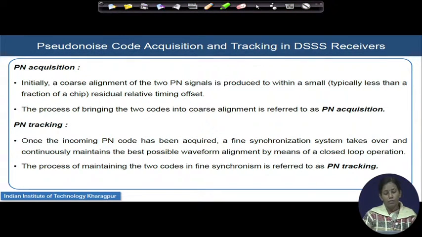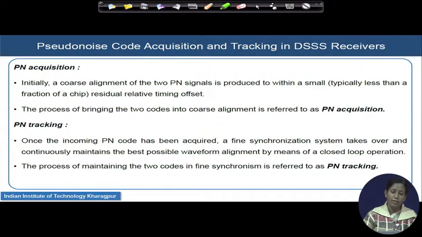In PN acquisition, we basically do the coarse alignment of the two PN signals, incoming as well as the locally generated, within a duration of the code chip. We try to keep the misalignment within half of the chip duration.